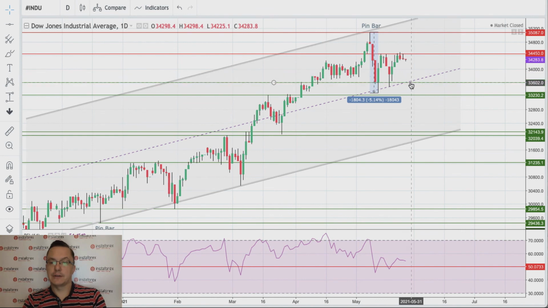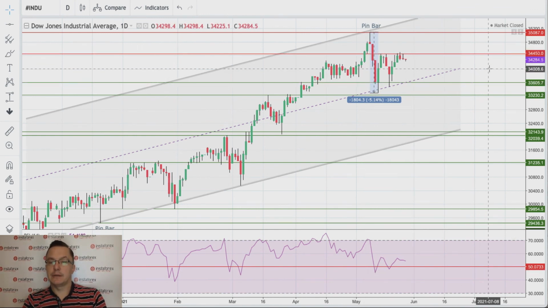So any violation of this level might trigger another sell-off, and RSI will break below the level of 50 towards negative territory that hasn't been seen since the beginning of March 2021. Besides, of course, the recent correction, because it's the biggest one.